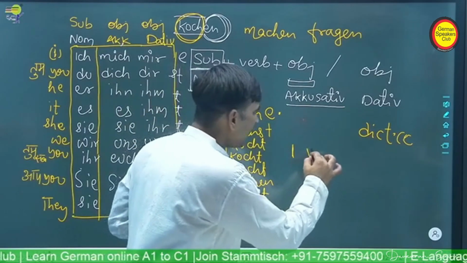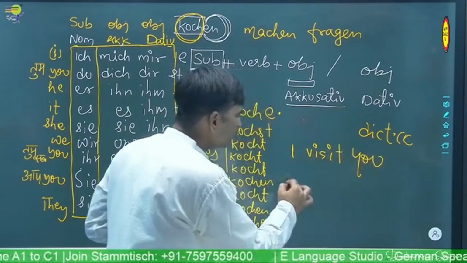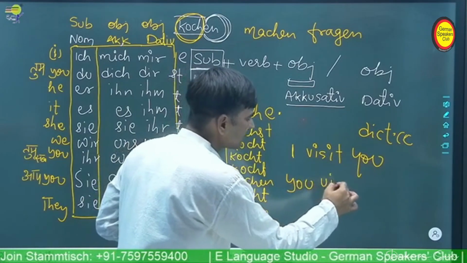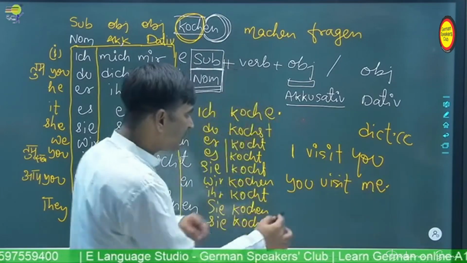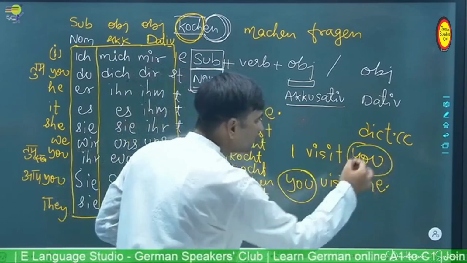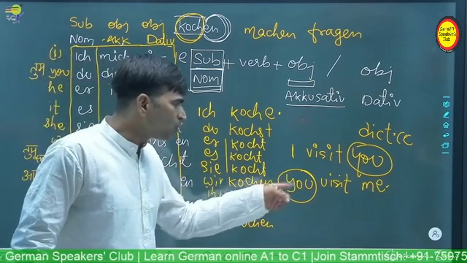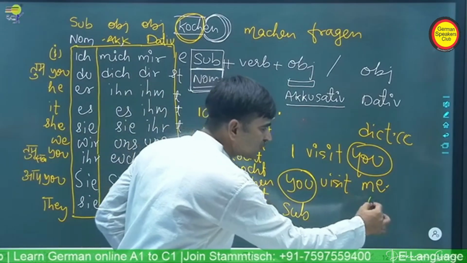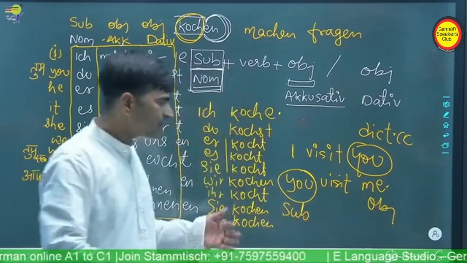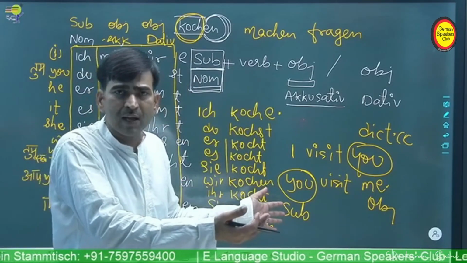We are not going to make the sentence now, I'm just going to show you: I visit you. And I'm going to say, you visit me. We'll learn the sentences later. So this you and that you, these both are different. They are not the same. Here in the second one, you visit me, this you is the subject and me, I am the object. Object means the one on whom the action is going to be performed.